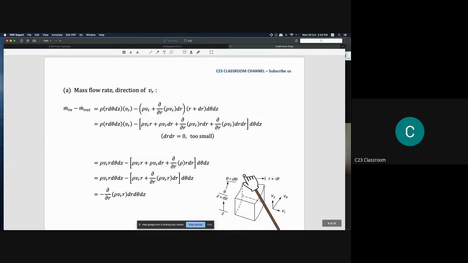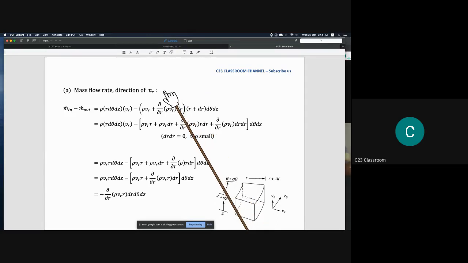Because we have three axes, we are going to derive it in three elements, so I will do it part by part. You know that in Cartesian coordinates we have three inlets and three outlets.